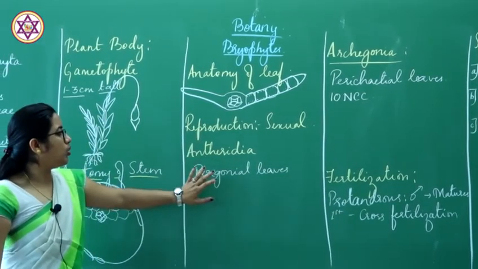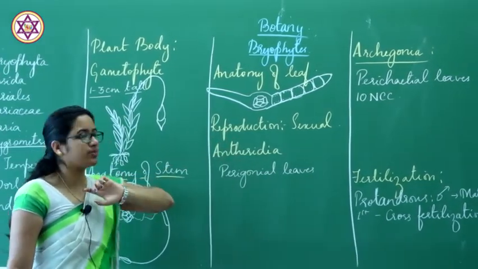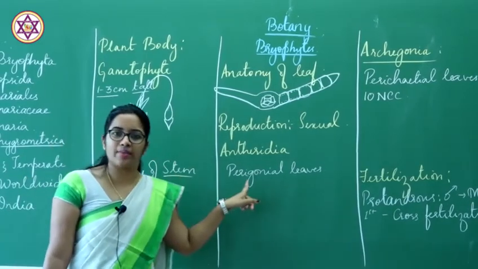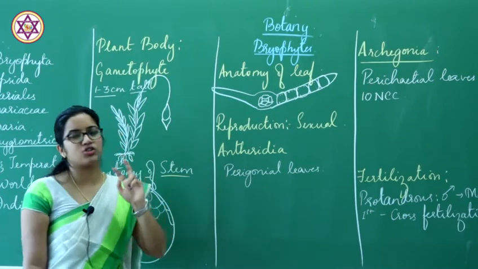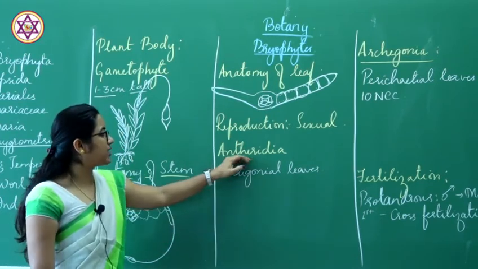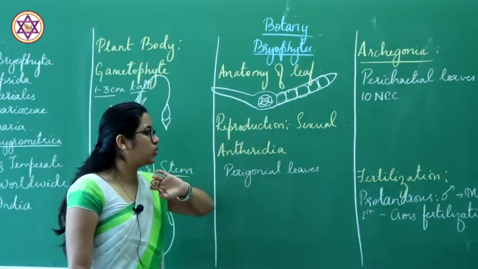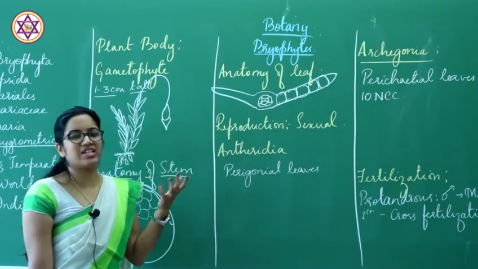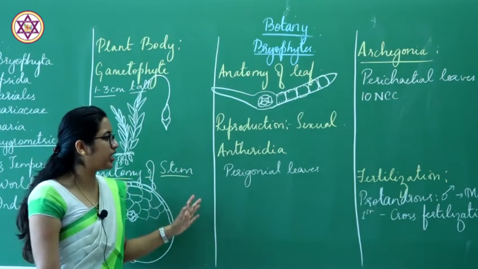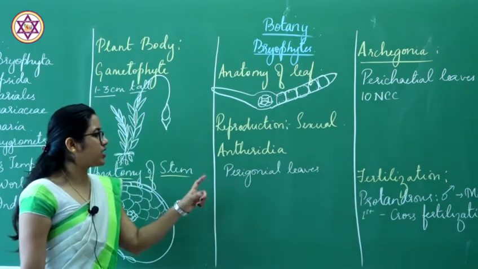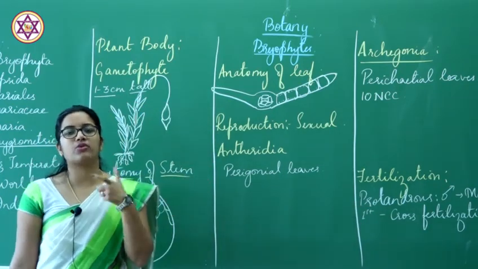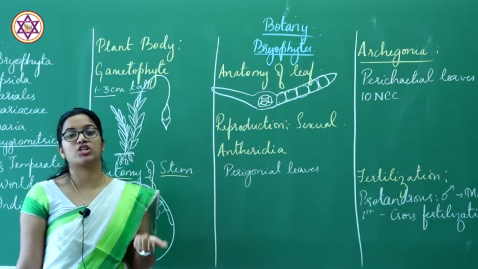Now, moving on to reproduction, again it is oogamous type, sexual reproduction wherein there are two organs, that is antheridia and archegonium. So there is one special feature in Funaria, they are called protandrous. Protandrous means the male reproductive structure matures first.